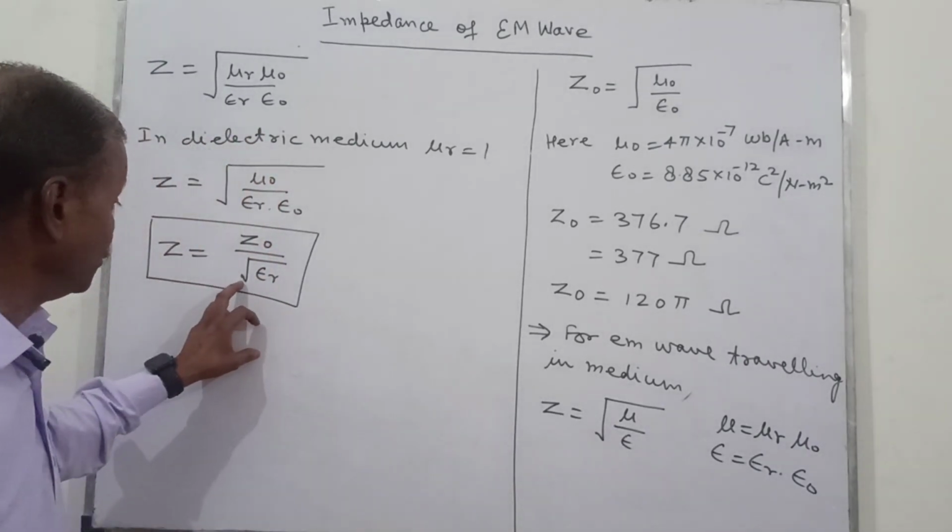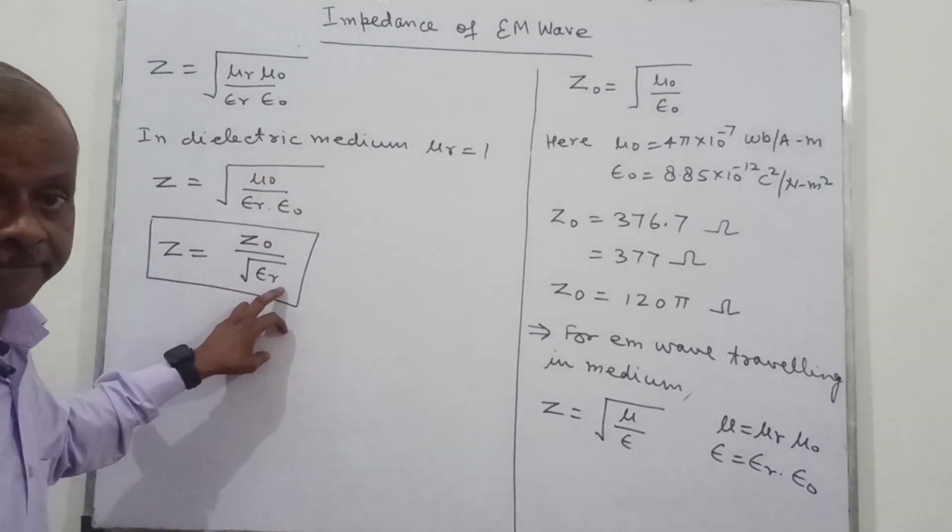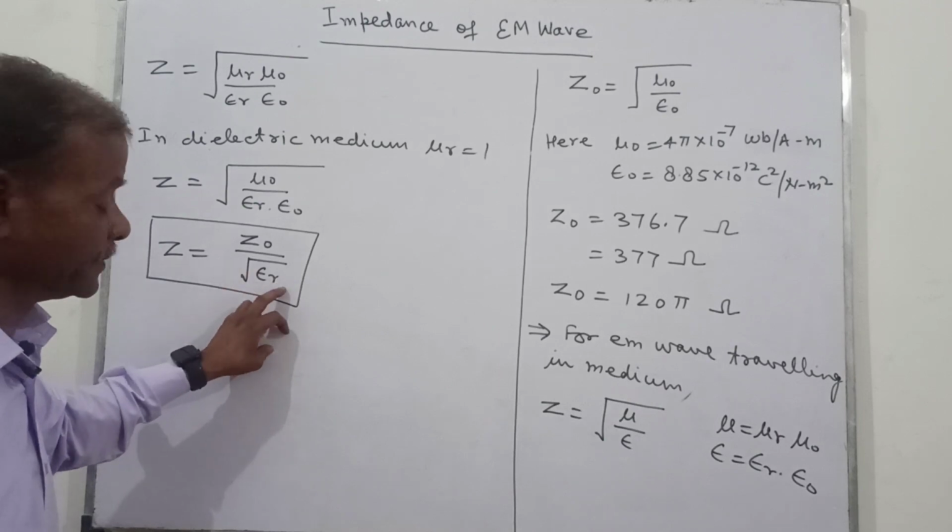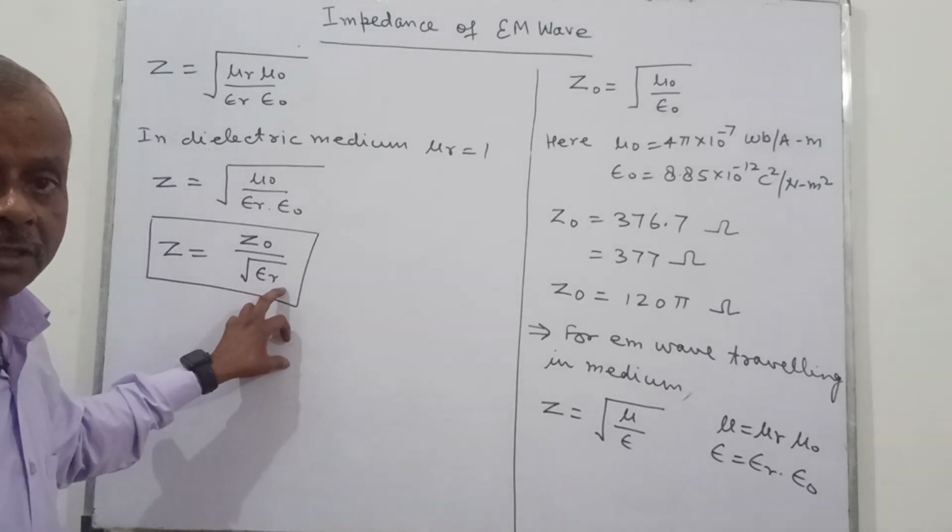The square root of epsilon r is equal to the refractive index.